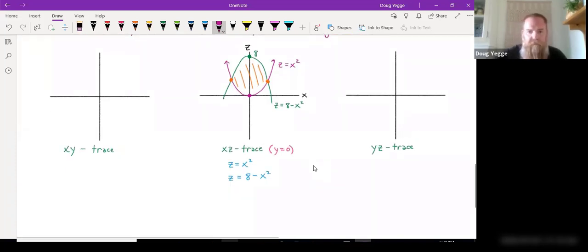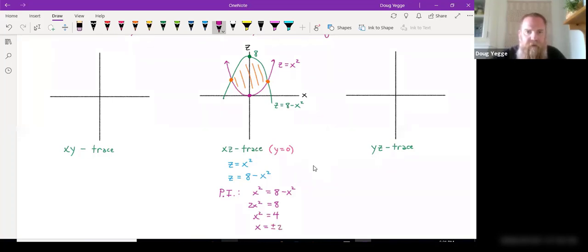So let's find our points of intersection. Those points of intersection occur when x squared is equal to 8 minus x squared, or in other words, when 2x squared equals 8, or when x squared equals 4, which means that x is plus or minus 2.